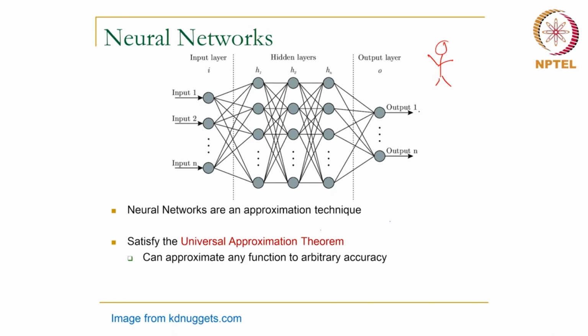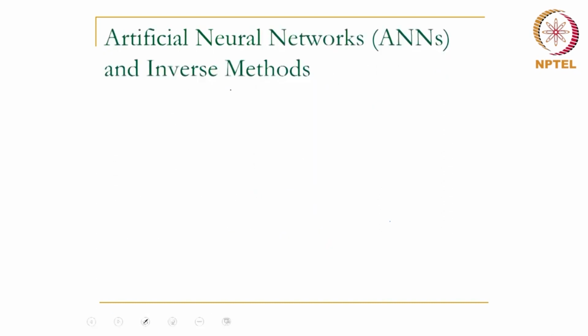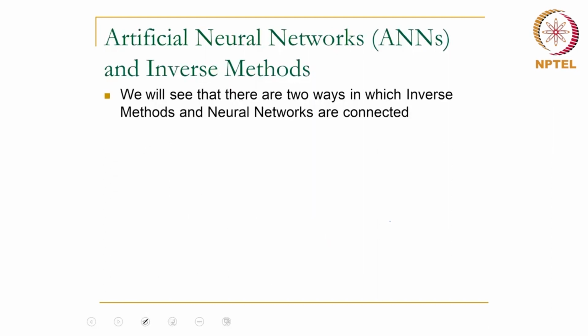I can approximate any function to arbitrary accuracy, provided you give me a sufficient number of knobs. This will become clearer as we go on further. Finally, they can learn. As you give more and more examples, neural networks will get better and better at approximating the original function.